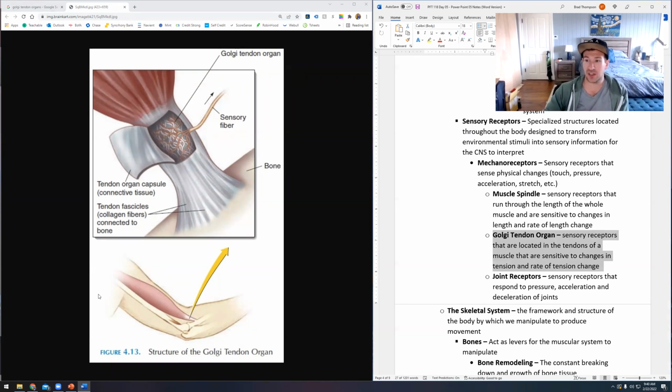Or if there's a lot of tension on the muscle, the response is going to be, hey, let's relieve that tension. Let's pull and contract that muscle. Those are the two safest things to do, because if you pull it and shorten it, it's not going to be at maximal length, and there's a low possibility of tearing the muscle or the tendon.